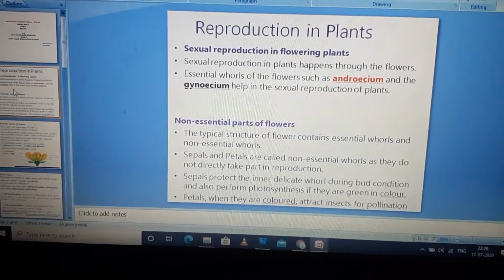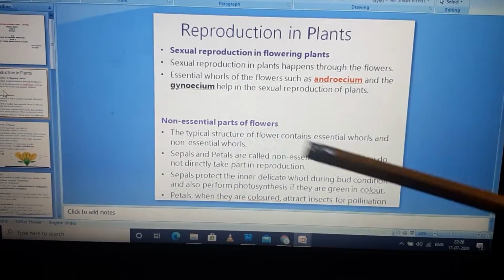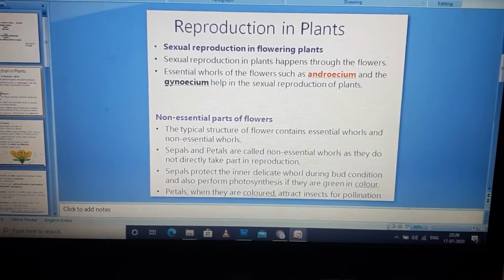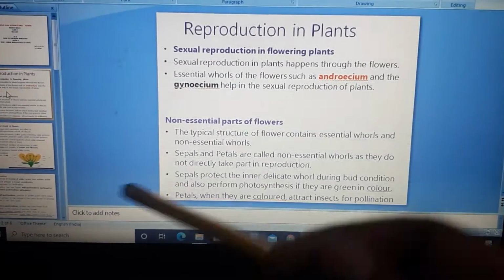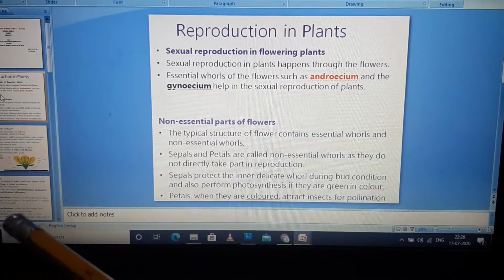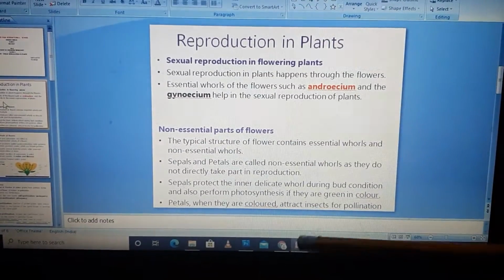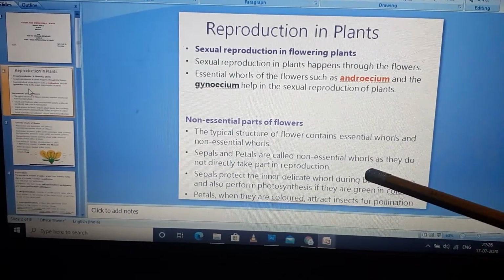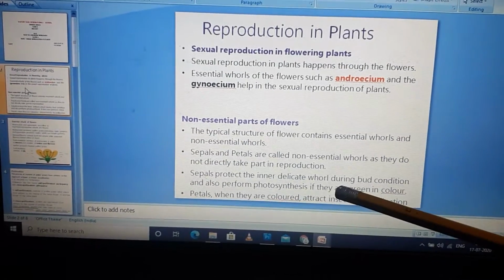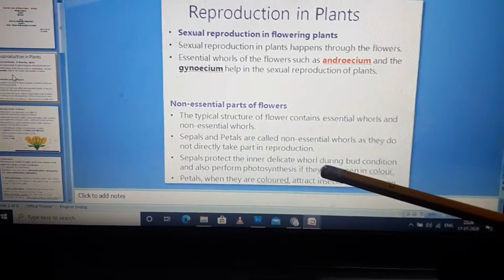A flower also has some non-essential parts which do not take part in reproduction directly, but have some accessory function, like sepals and petals.